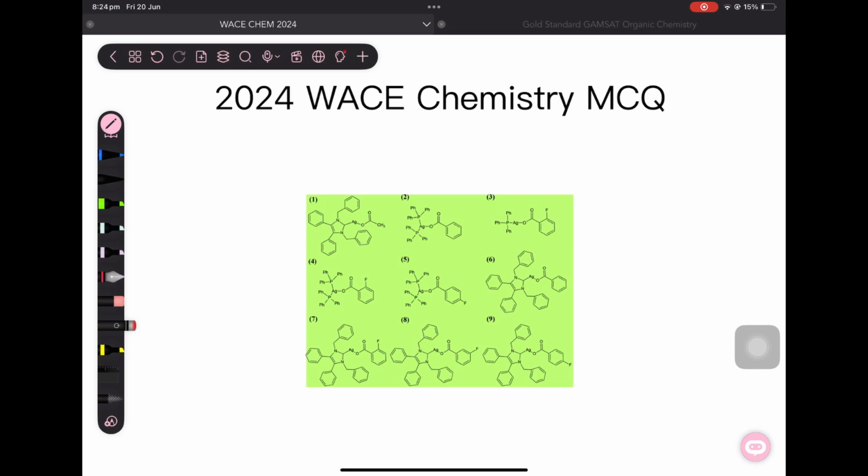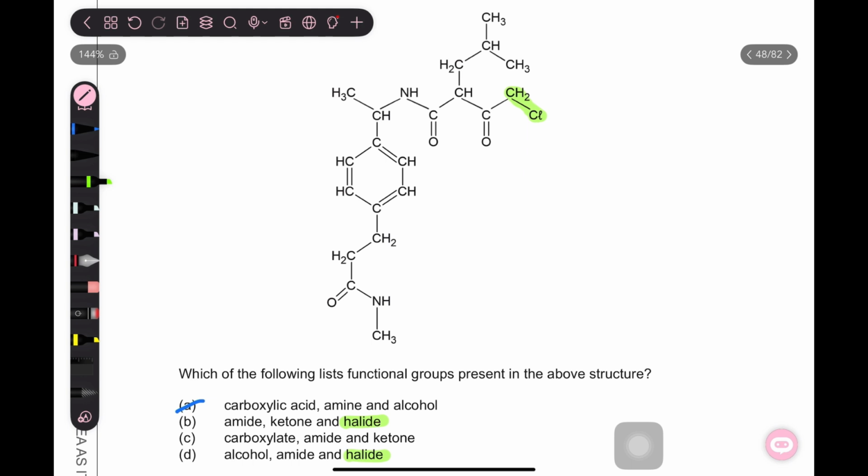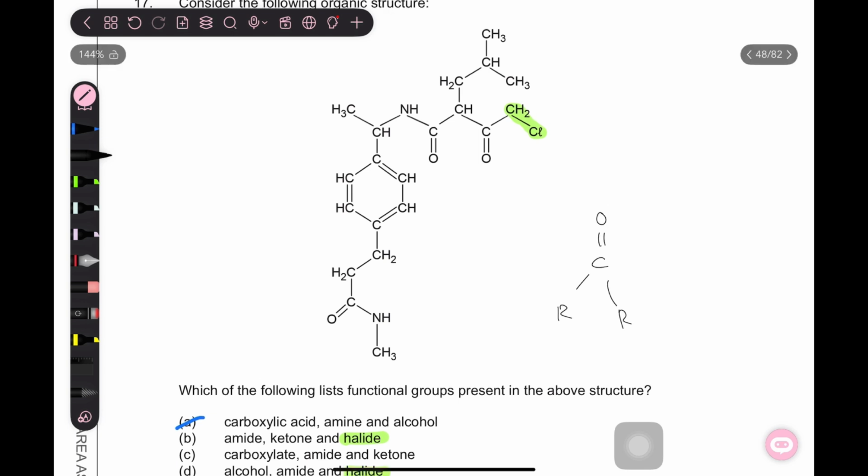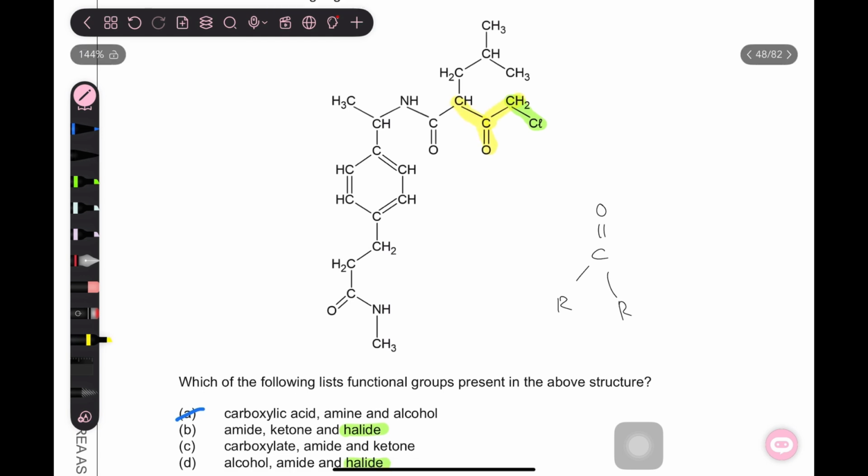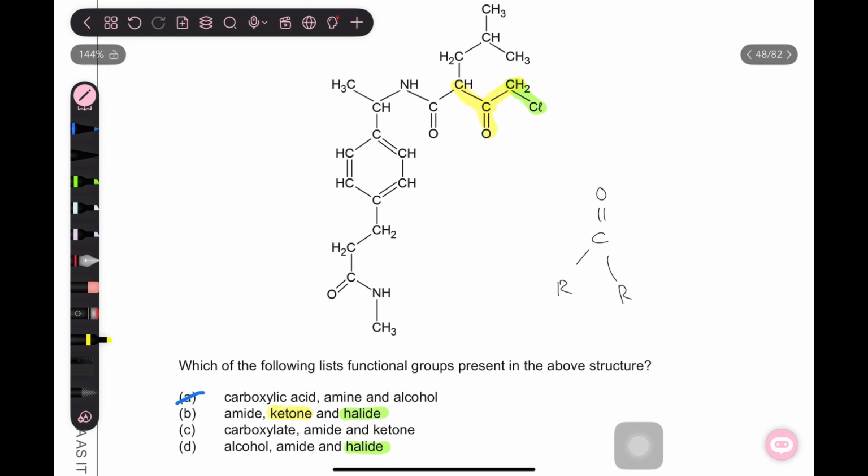Then I'm going to see if I can identify a ketone, which will be a carbon with 2 R chains and an oxygen, and I can identify one right here, so I know that there's a ketone present in the compound.